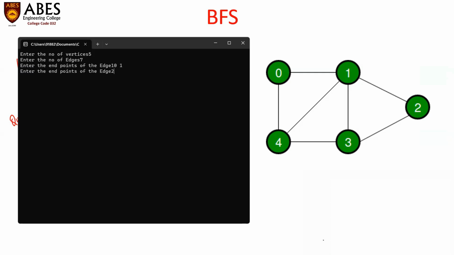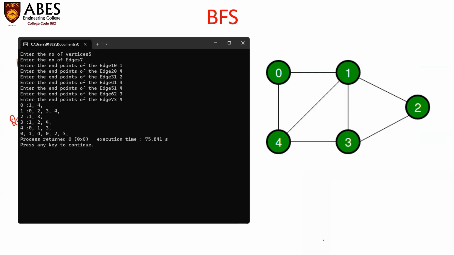Second edge is 0, 4. Third edge is 1, 2. Fourth edge is 1, 3. And the fifth edge is 1, 4. Then the sixth edge is 2, 3. And the seventh edge is 3 and 4.